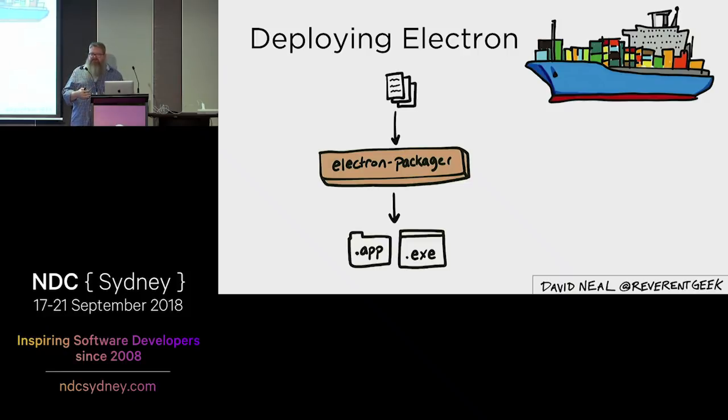So you can use your own desktop icon and name the windows and so forth to look like your own application. So then you can just copy those files and give them to someone, or zip those up. So that's kind of like what I've done in the past, is just create a zip file of all these files and allow someone to download it and extract it and run the executable.